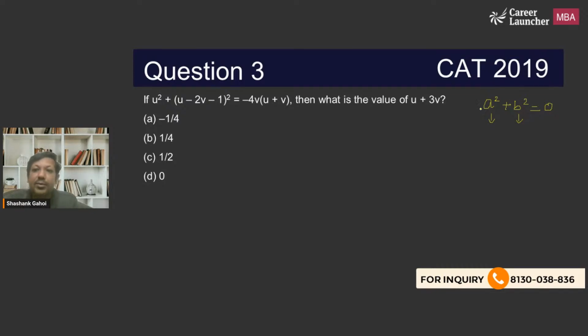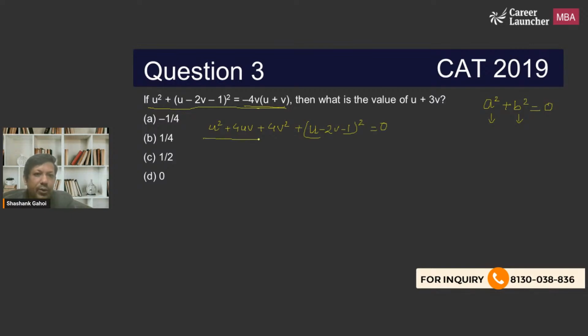And why I'm telling you this, because that is something that is going to be used over here, right? So I am writing u square, taking this value over to the other side, plus 4uv, minus becomes plus, 4uv plus 4v square plus u minus 2v minus 1, and that's whole square, and that is equal to 0.